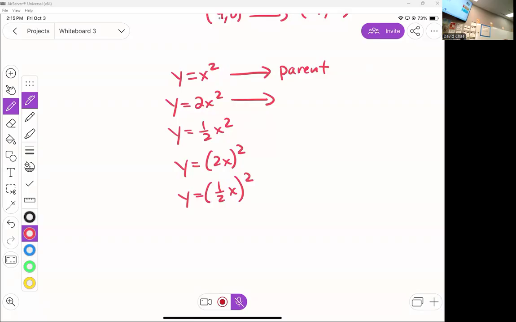It would be the vertical stretch by 2. What about the 1/2? Vertical shrink by 1/2.